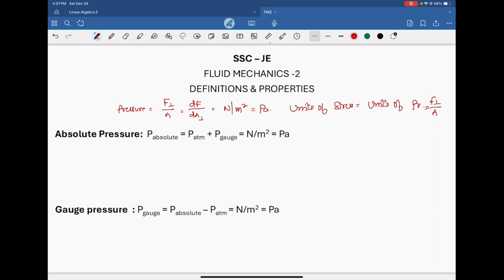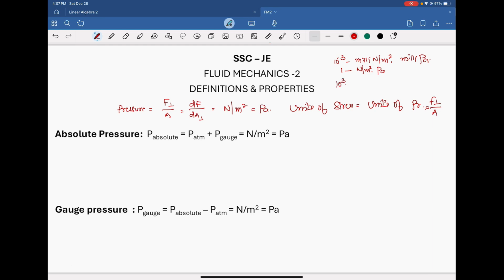Now, these pascals are Newton per square meter. These can be expressed as, if it is unit 1, it is Newton per meter square or Pa. I have explained this in the first lecture itself; I am just making you remember this. 10 to the power of minus 3 is milli Newton per meter square or milli Pascal.